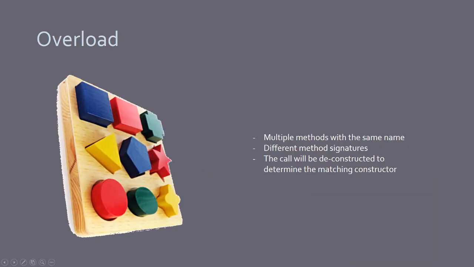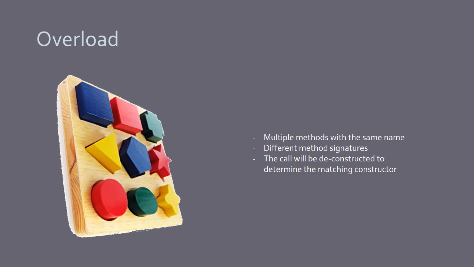Now we can also overload methods. When we overload a method like that, we are taking those multiple methods with the same name and relying on the fact that they have different method signatures. And remember that from our earlier chapter talking about methods.